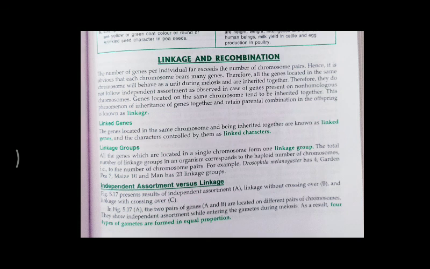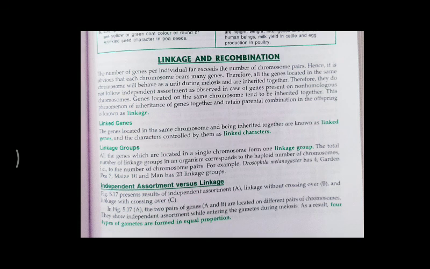These will have a specific combination. Like if we have selected capital A and capital B on one chromosome, and on the other homologous chromosome small a and small b, then the result will be either a capital A B combination or a small a b combination.